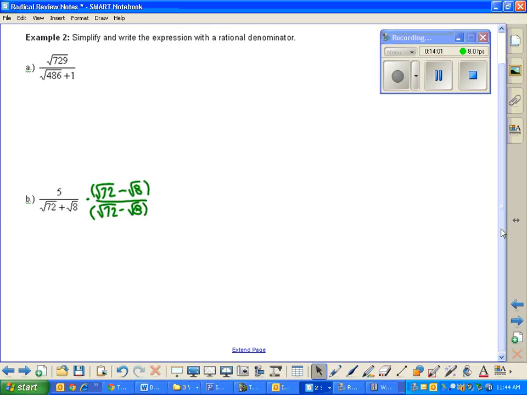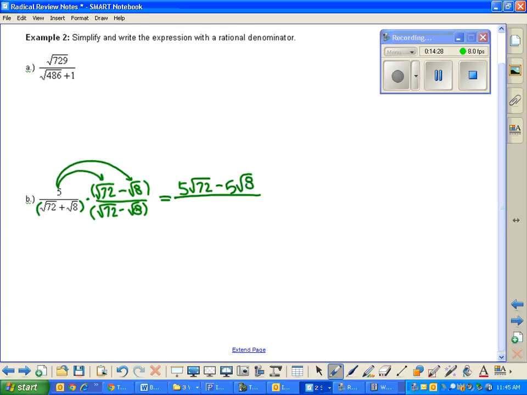They have pluses and minuses in them. So when you see 5 times this, it's not 5 square roots of 72 minus square root of 8. It's 5 times this whole quantity, which means we need to distribute that 5 in to the top. So 5 square roots of 72 minus 5 square roots of 8.